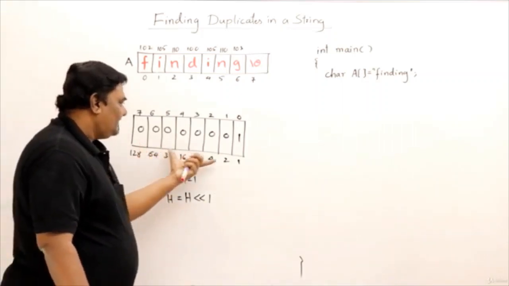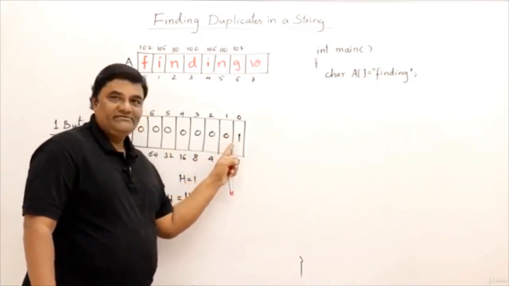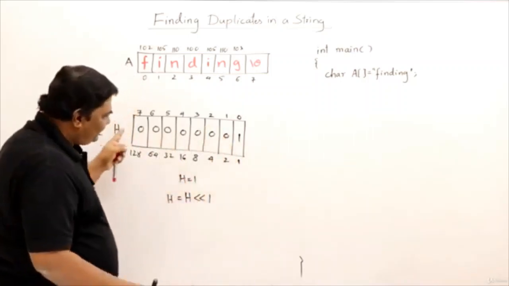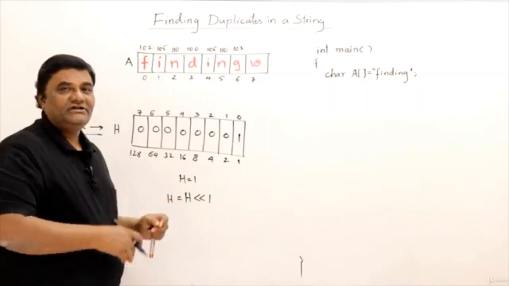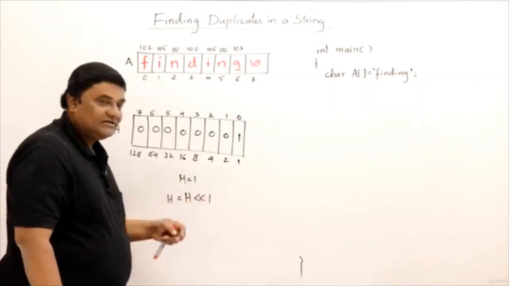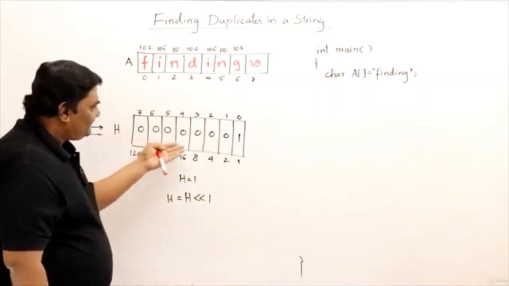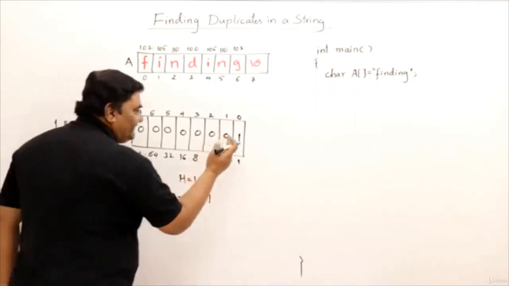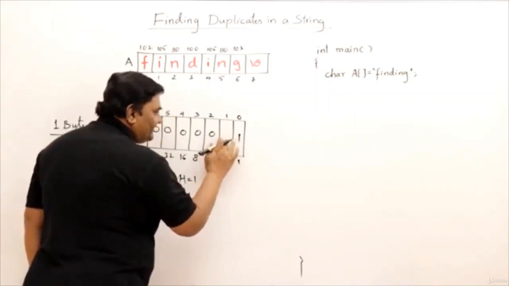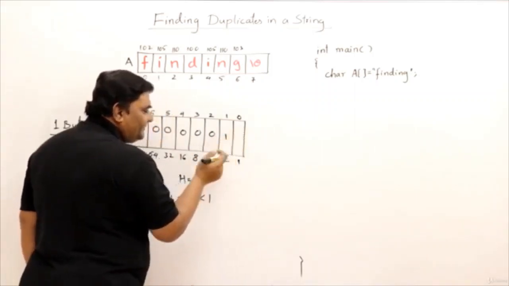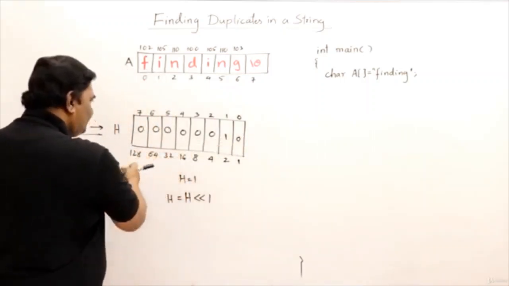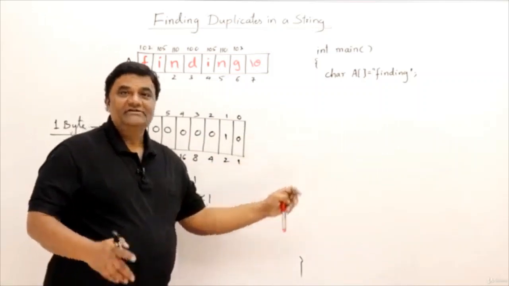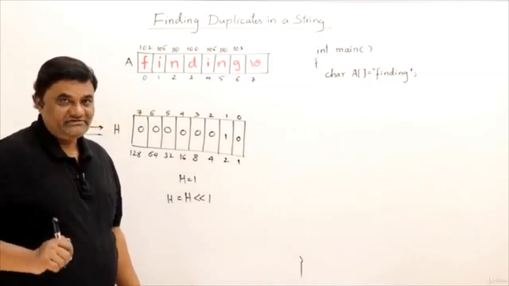Whatever the value of h is, whatever the bits are, all bits will shift by 1 place on the left hand side. We have all bits as 0, only that 1 is there. So it moved by 1 place. So this 1 comes here. Then this place will be vacant. No, this will be filled with 0. If the bits are shifting to this side, then you get some blank bits here. So those will be set as zeros, right?